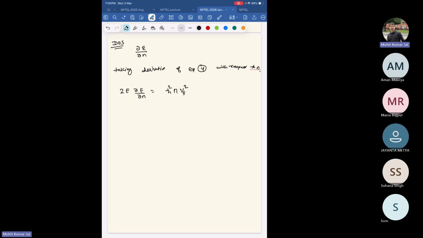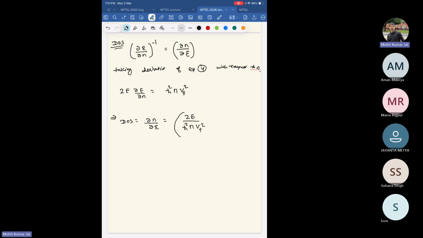Let me just see it once. I think, yeah, it's inverse. Actually, del N by del E is the density of state. So density of state is equal to del N by del E, which is equal to 2E by h bar square pi Vf square.